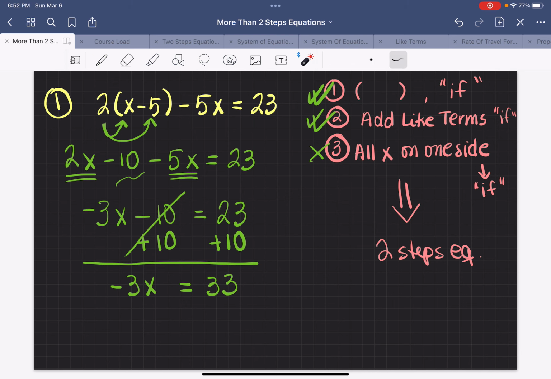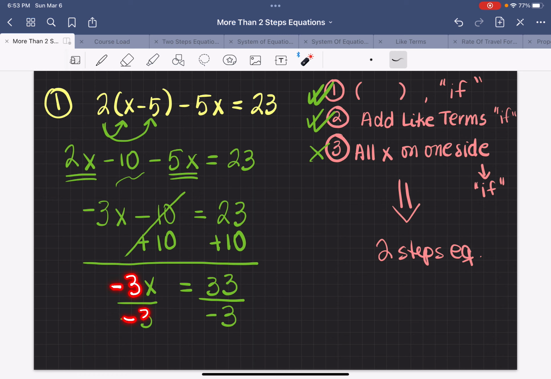Now, in order to leave x by itself, I need to get rid of the negative 3, which is multiplying the x. So the opposite operation will be divide. Divide by what? Divide by exactly the number I'm trying to get rid of, which is -3. I'm not trying to get rid of 3 only. I'm trying to get rid of that 3, but with the negative that is in front.